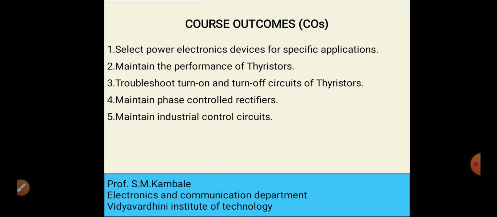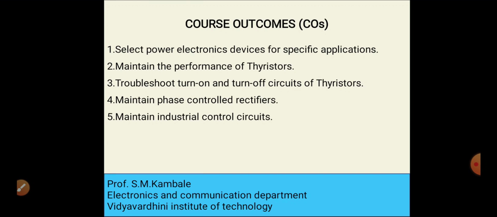To run all these applications, we require electronic devices which can handle more power. Therefore this particular content in the syllabus is called power electronic devices, meaning thyristor families, SCRs, power transistors, IGBTs, diac, PUT, UJT. These are all power electronic devices.